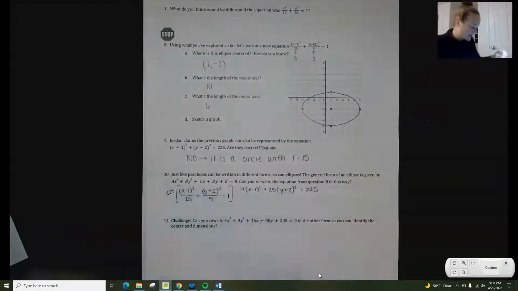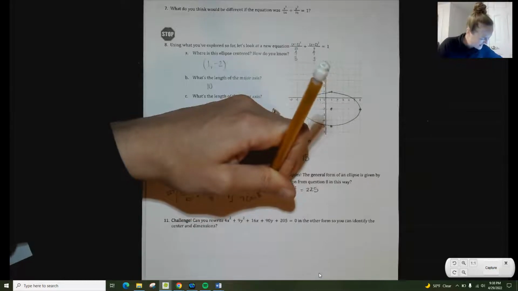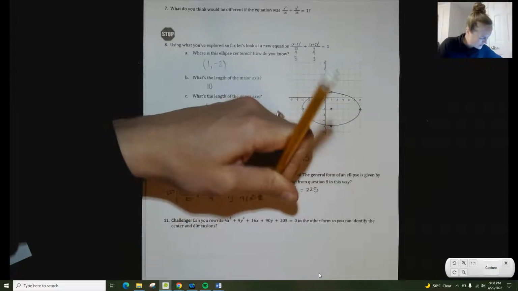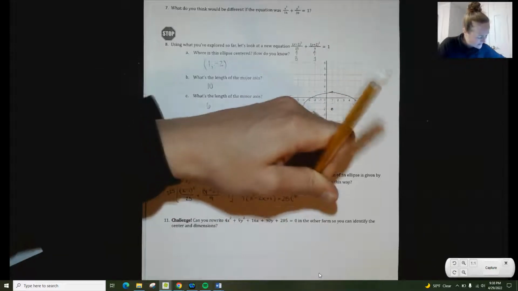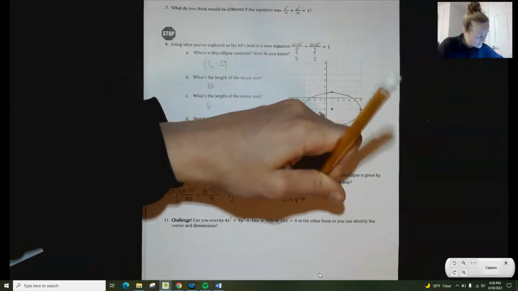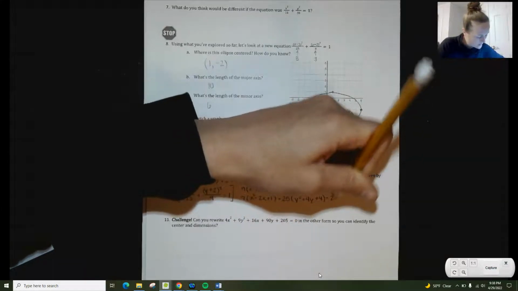Now, if I expand these two, I end up with 9 times x squared minus 2x plus 1, plus 25 times y squared plus 4y plus 4, equals 225.